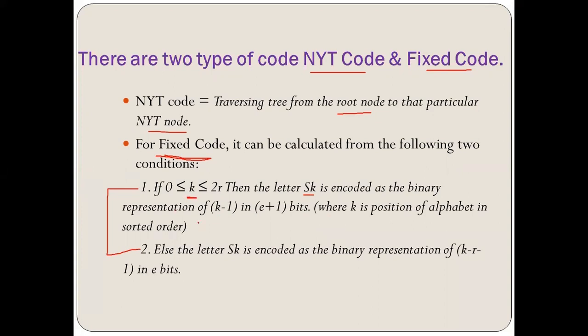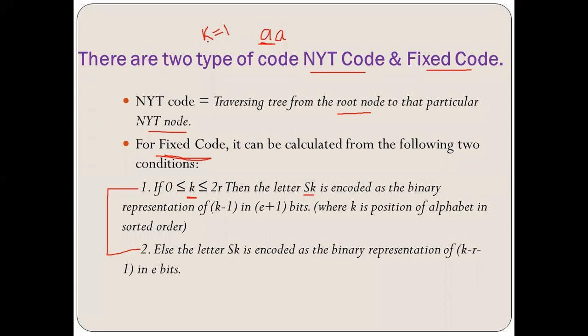Now, let me make you understand this. Let's say I have the message AA, right? The first symbol that is encountered is A. A is the first alphabet in the alphabet sequence, so the position of A in the alphabet is 1.